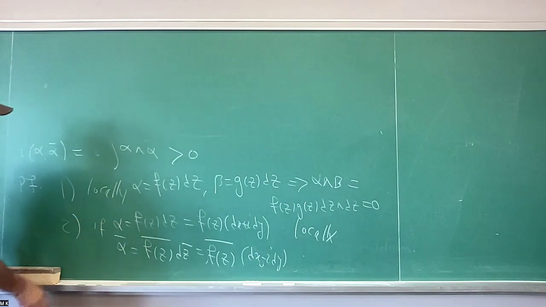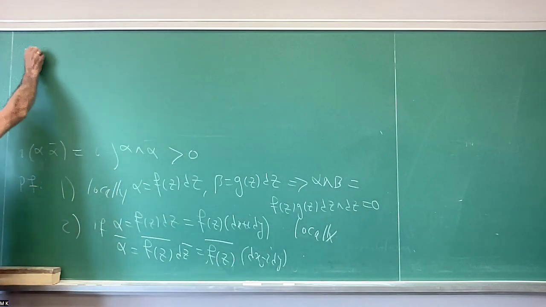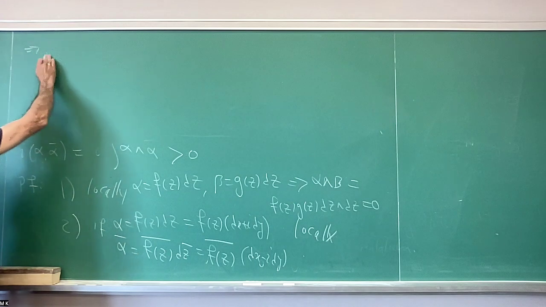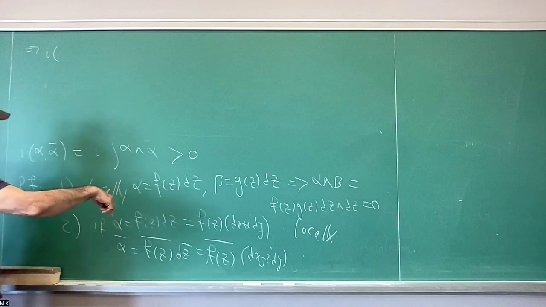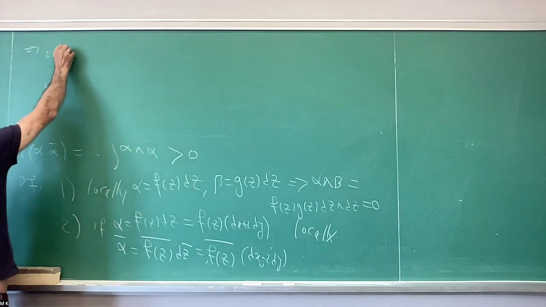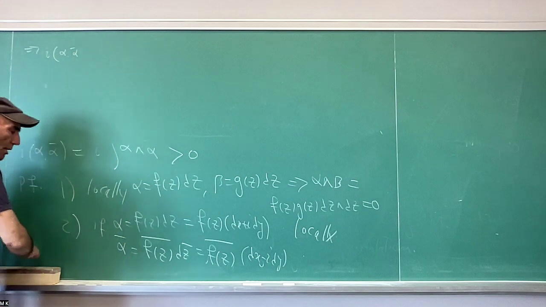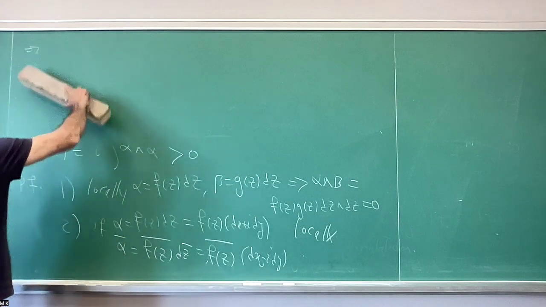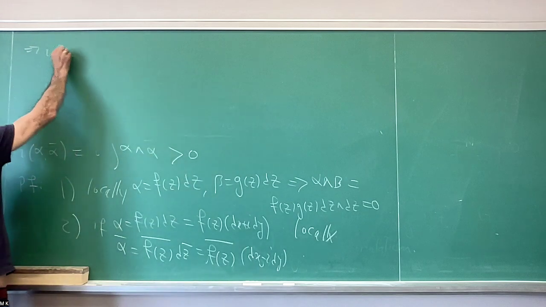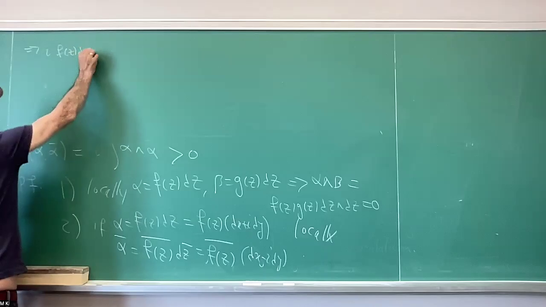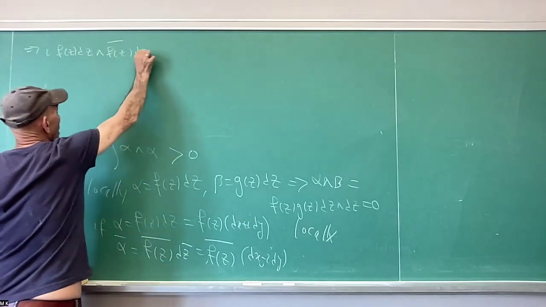Okay, so from here, let me compute i times f of z dz wedge f of z bar dz bar.